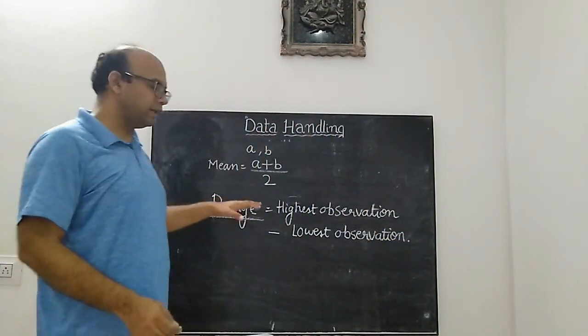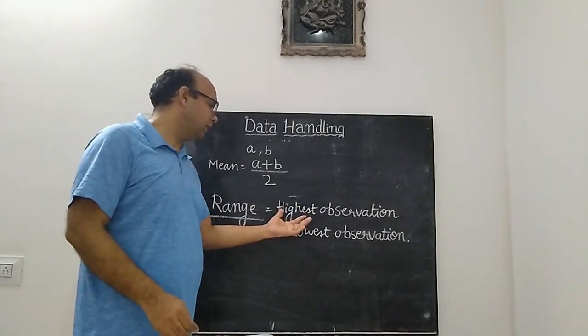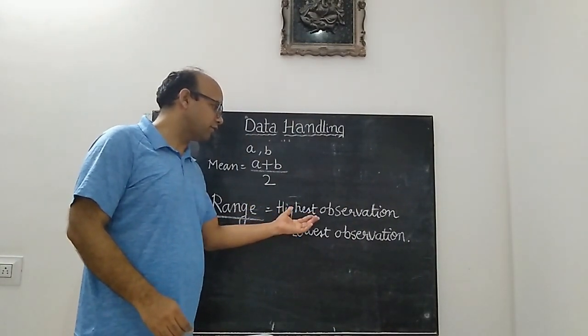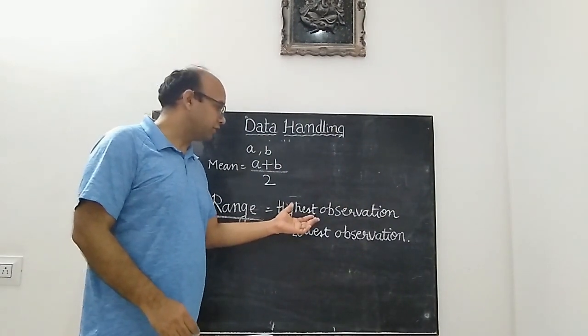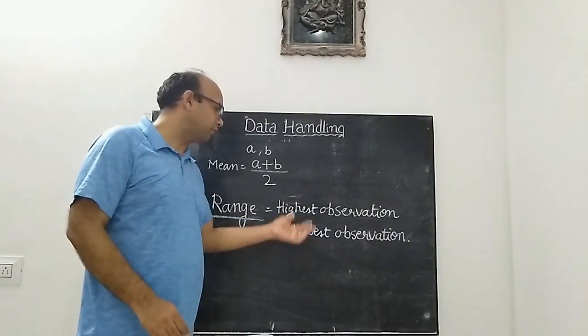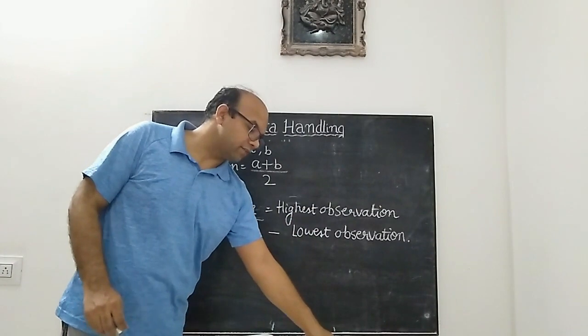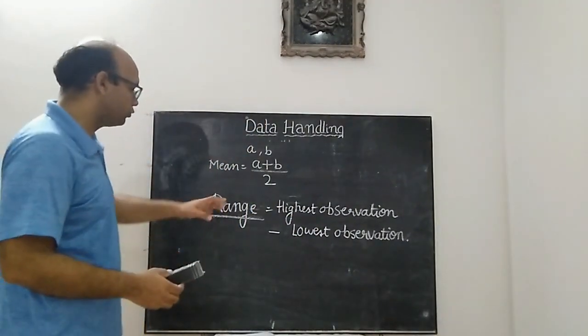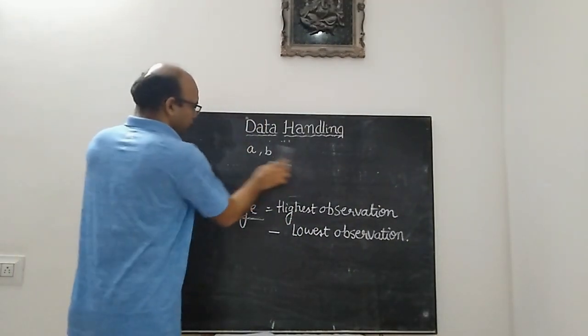So while calculating the range, what we do is we take the largest of the values of the observations what we have got, the smallest of them, and then we take the difference of these two values to get the range of the data.